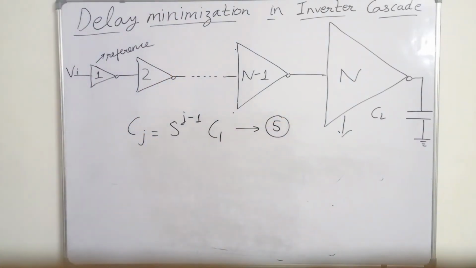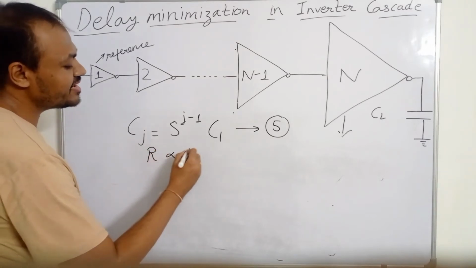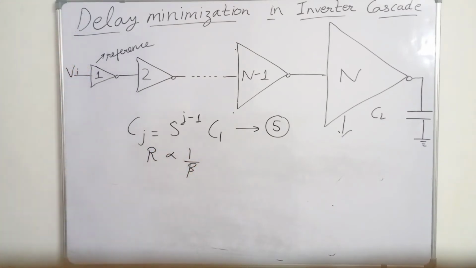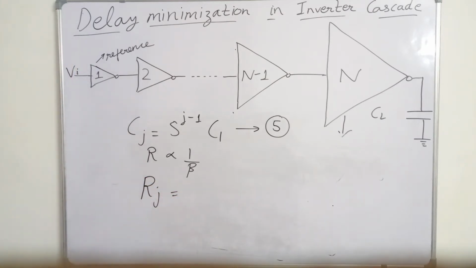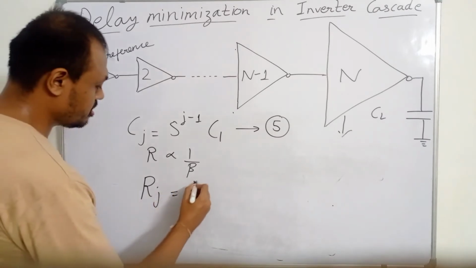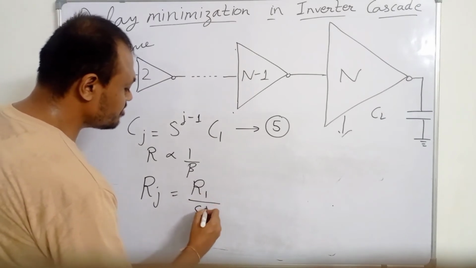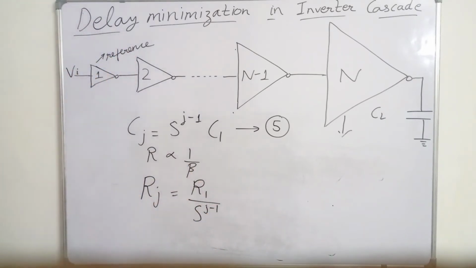Then we know that the input resistance, or the FET resistance, is proportional to 1 upon beta. So the resistance of the jth stage, that is Rj, will be equal to R1 upon s to the power j minus 1, because the resistance is inversely proportional to beta, so the scaling factor will also be inversely proportional.